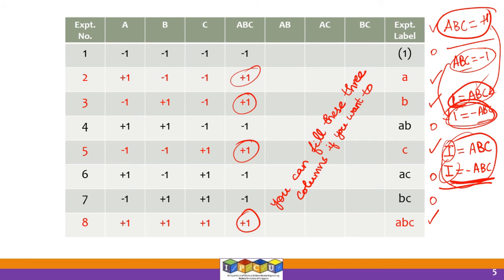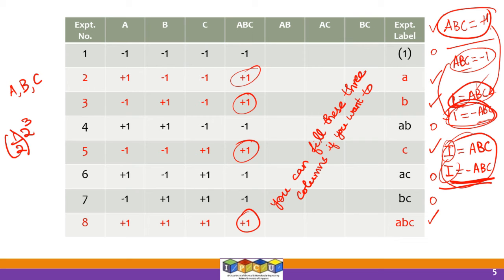Our claim is, if you have 3 factors A, B, and C, and you do not have the resources or time to do the full factorial design, which would comprise 8 experiments, but you have time and resources to do half of 2 to the power of 3, that means a fractional factorial design.